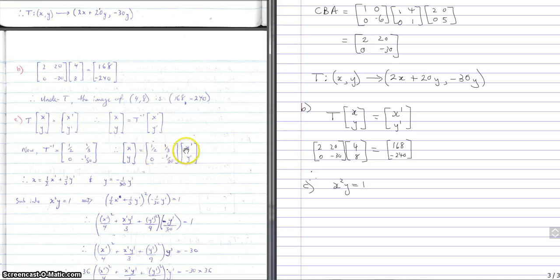Applying that, (x, y) equals our inverse transformation matrix times (x', y'). That gives us our original x coordinate, which is equal to 1/2 times x' plus 1/3 times y'. And similarly for y, y is equal to negative 1/30 times y'.